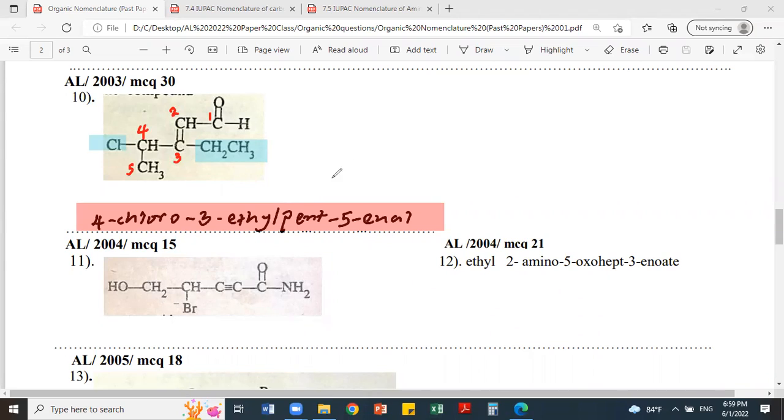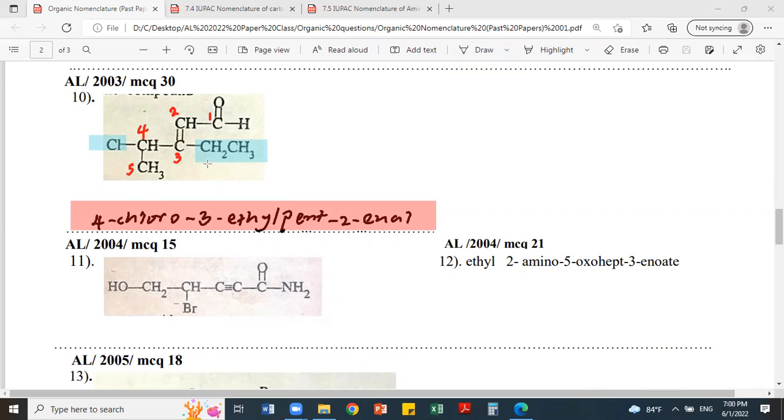Sorry, not 5 enal. This is 2 enal. The double bond begins with the second carbon, so it is 2 enal, because the double bond begins with the second carbon. The aldehyde group is always at the beginning of the chain, at the terminal end.